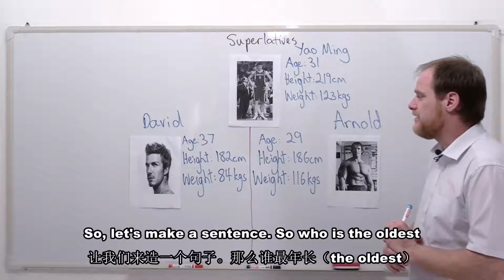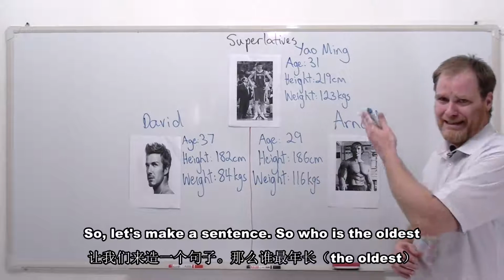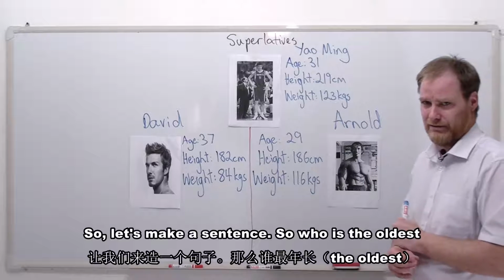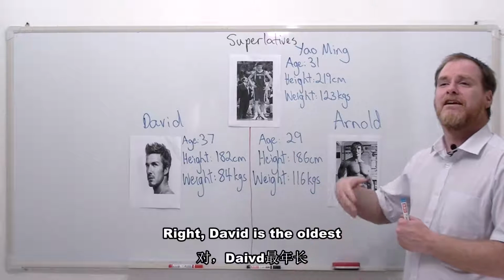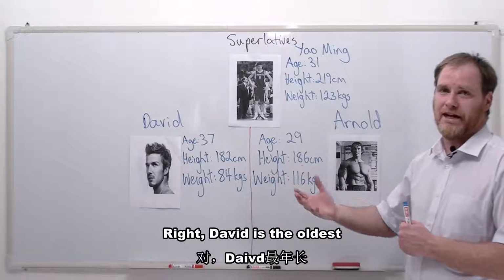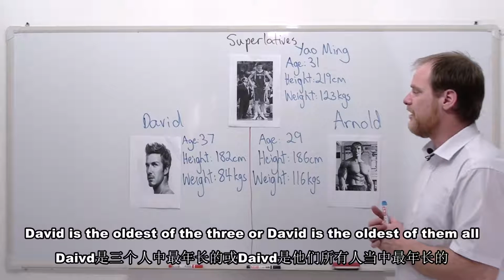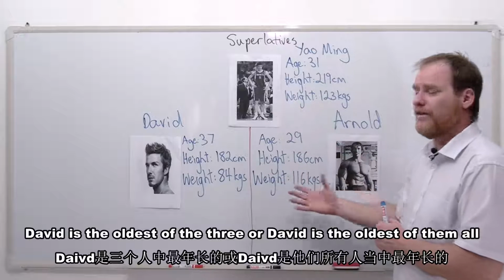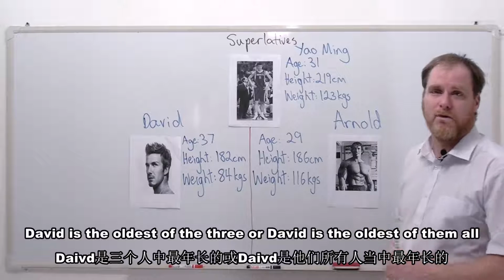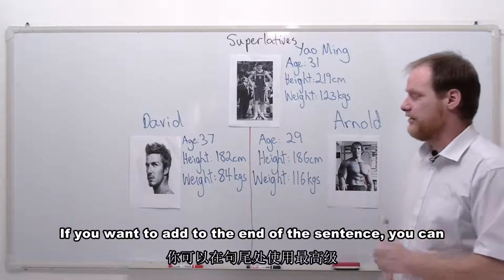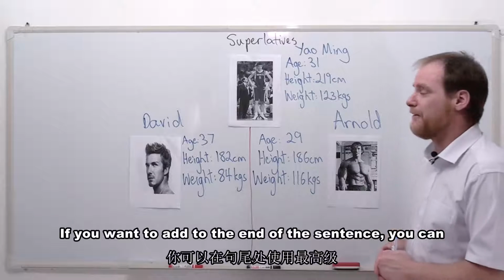Let's make a sentence. Who is the oldest? Right, David is the oldest. David is the oldest of the three, or David is the oldest of them all. If you want to add it to the end of the sentence, you can.